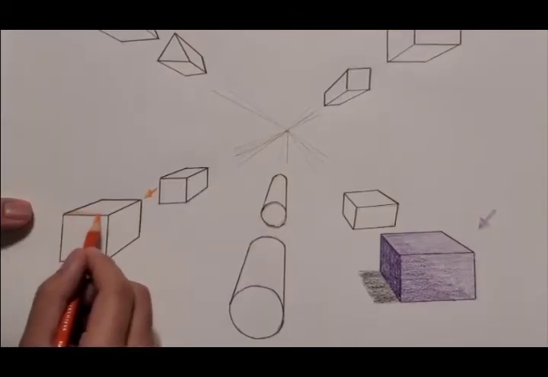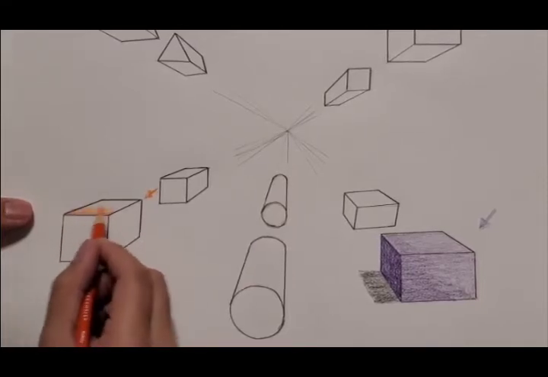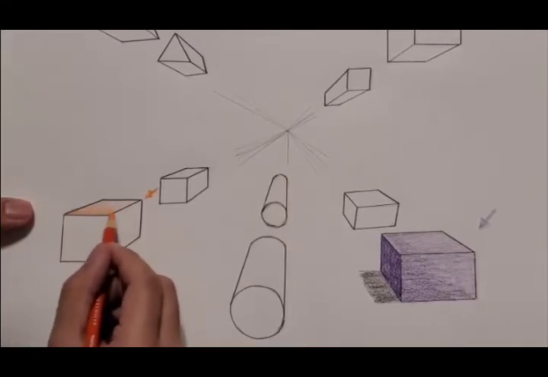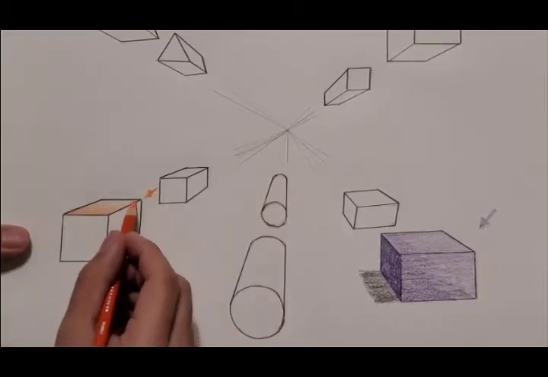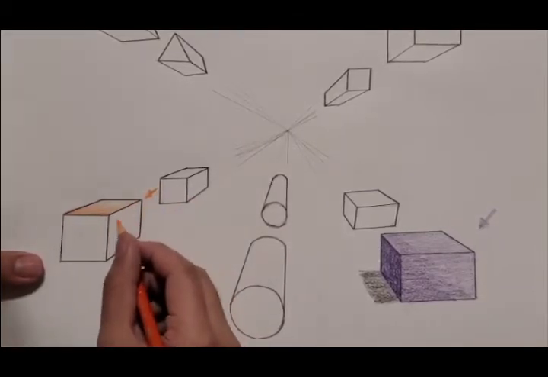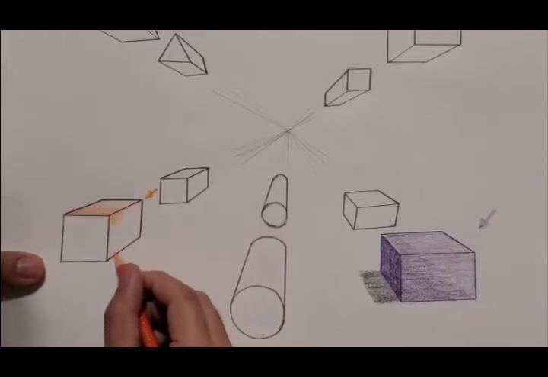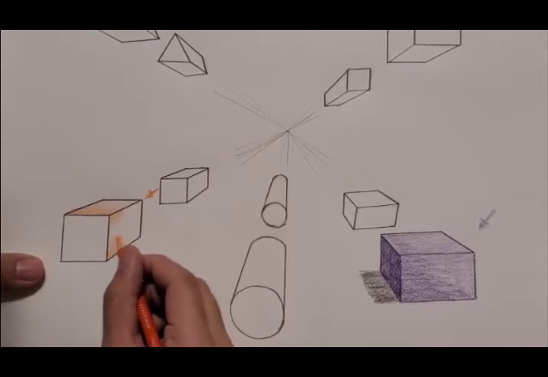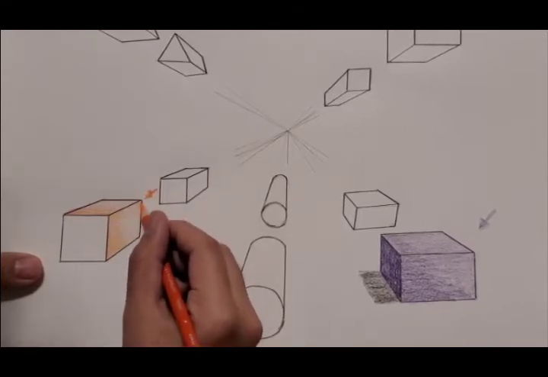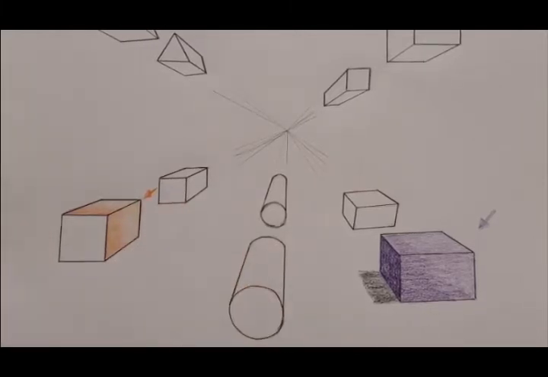Now let's try this one, and let's put our light at the back of our box. Always remember that the lightest parts should be the ones directly hit by the light, and those not directly hit by the light will be our darkest sides. The light gets darker as it goes farther from your light.